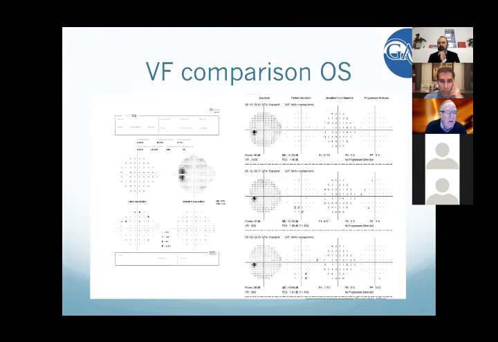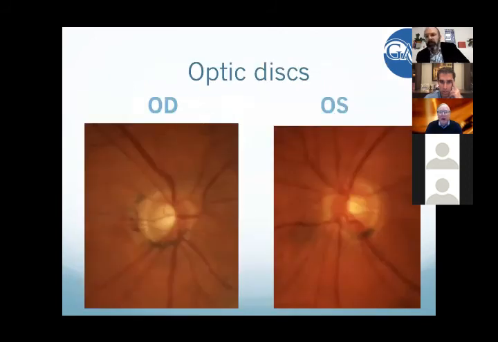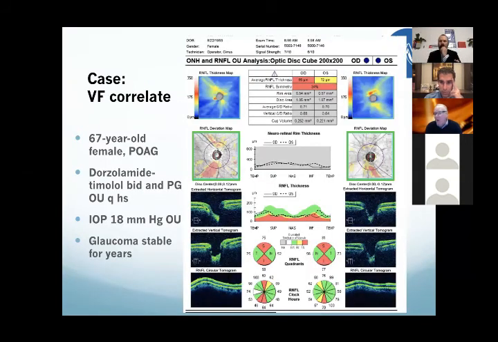But clearly, the left eye picked up a few things. And if you go back to Davinder and look at the OCT of the left eye, it was abnormal. We all know that the OCT in early disease is probably better at picking up an abnormality than the field, as far as white-on-white perimetry.